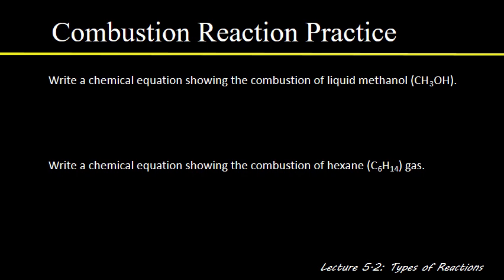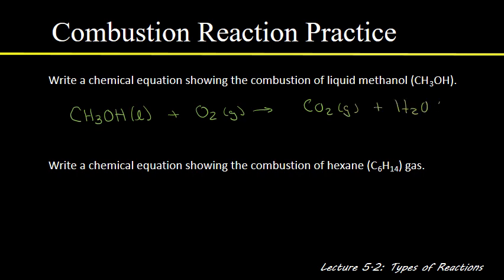All right. So for the first one, we've got methanol. And of course, it's going to be reacting with oxygen to make CO2 and water. Okay. I've got 4 hydrogens on the left, so I'm going to put a 2 there to get 4 hydrogens on the right.